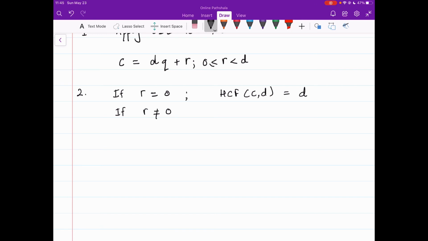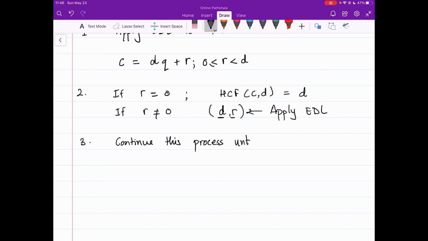What you do is continue this process by applying Euclid's division lemma to D and R, and you carry on this process until the remainder comes out to be 0.